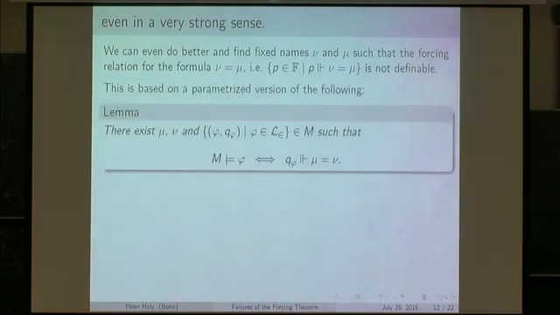And the key to this is the following lemma, which says that there are names mu and nu, and there's a set of pairs in our ground model M of pairs phi and conditions q phi, such that M satisfies the formula phi if and only if q phi forces that mu is equal to nu. This works for parameter-free formulas, and actually one can get something similar for formulas with parameters. So that's what I mean with parameterized version here.